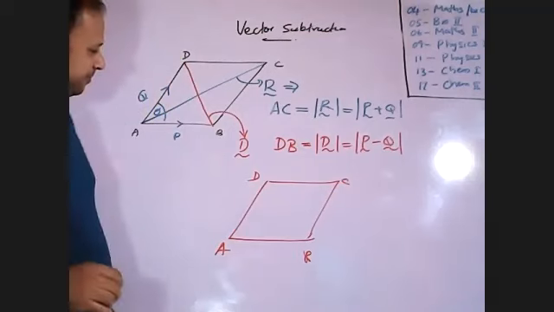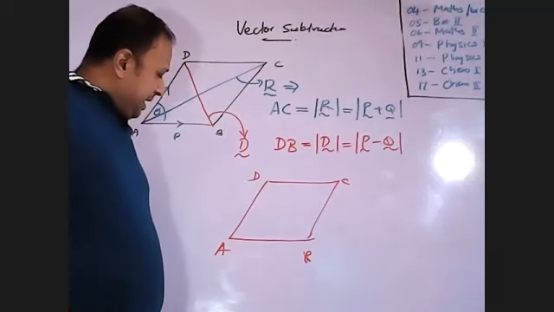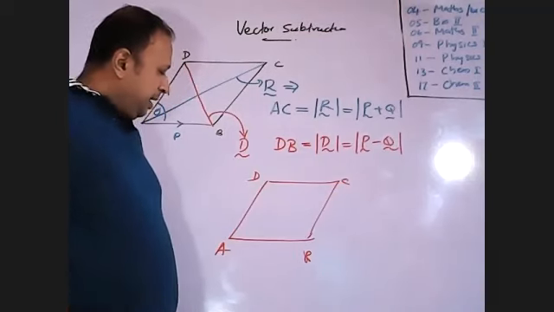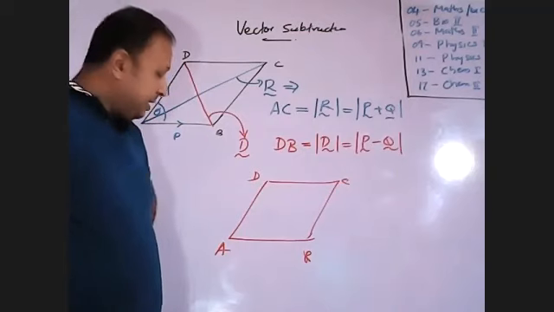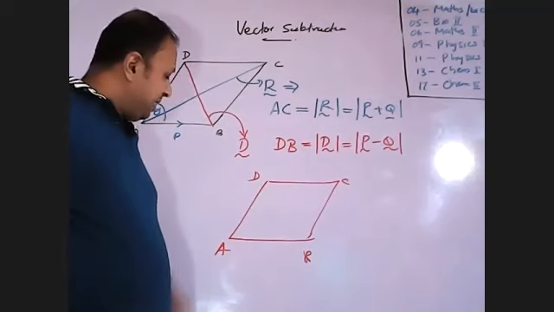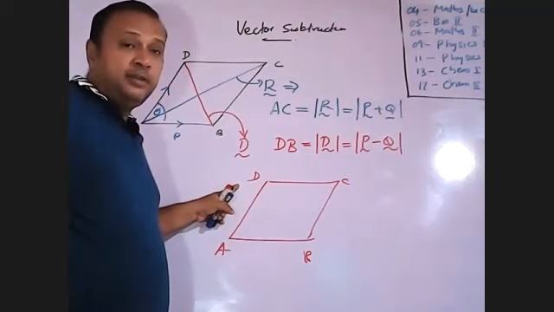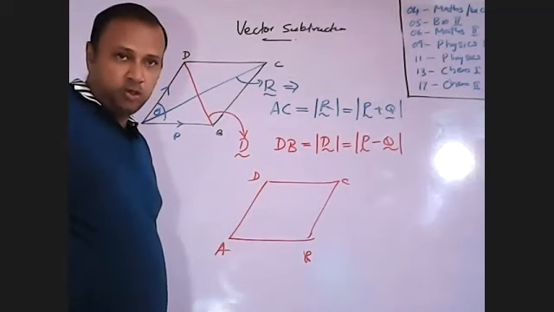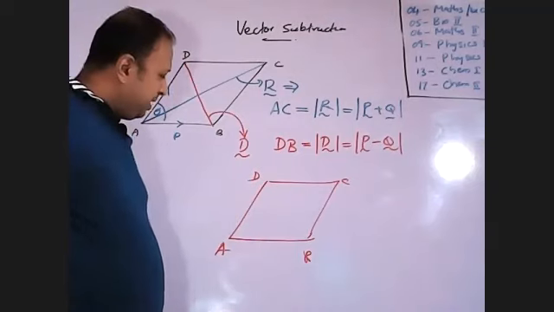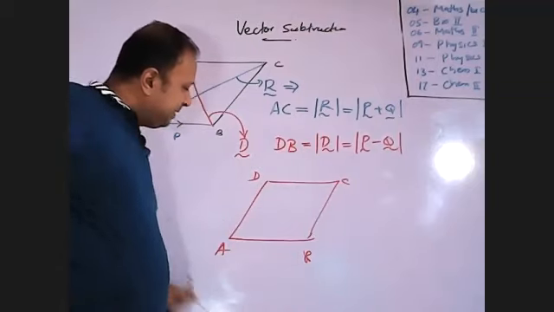Okay, then suppose AB length and AD length are equal in magnitude. So then what kind of parallelogram is this?